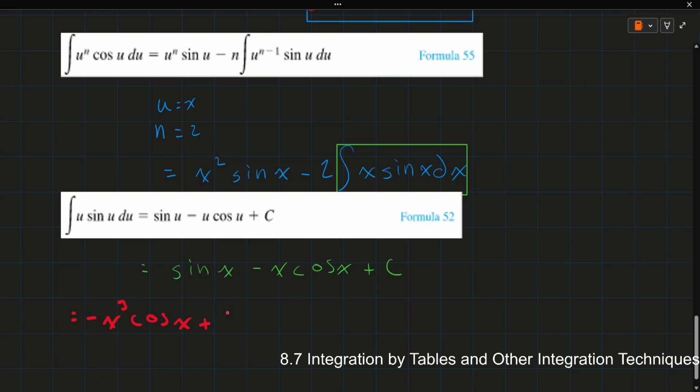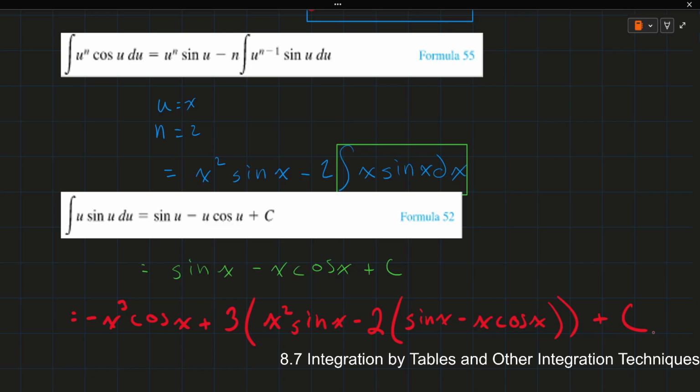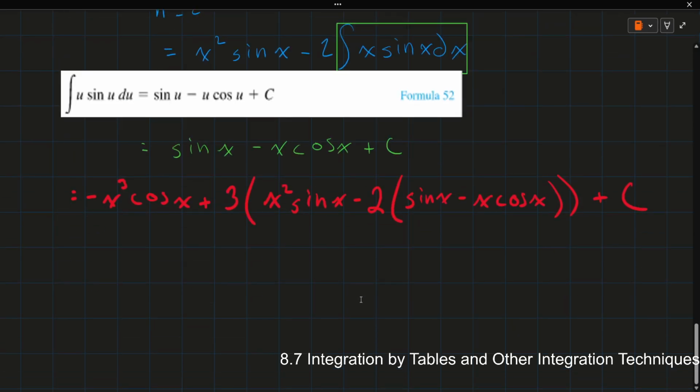Plus, and then we have 3 times our blue, which is going to be x squared sine x minus 2 times everything in green here, sine x minus x cosine x. We can close these parentheses and tack the c on the end. It doesn't really matter because the c is just a constant, so it doesn't really matter when you add it.